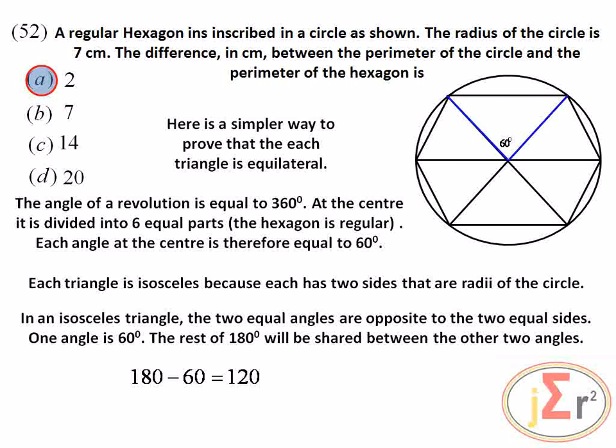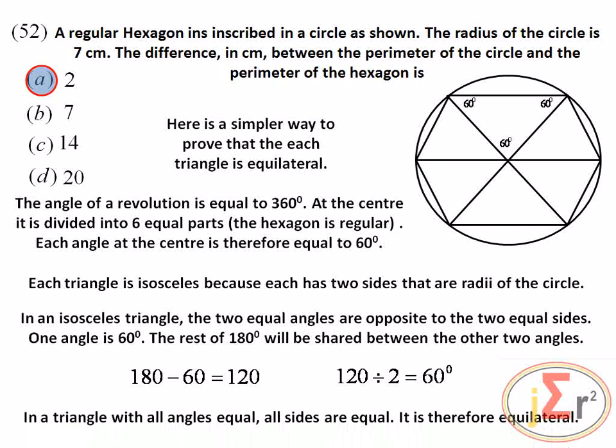So 180 minus 60, that is equal to 120. 120 divided by 2 is 60 degrees. That means each one of those will be 60 degrees also. So we are sure that the triangle is equilateral. In a triangle with all angles equal, all sides are equal.